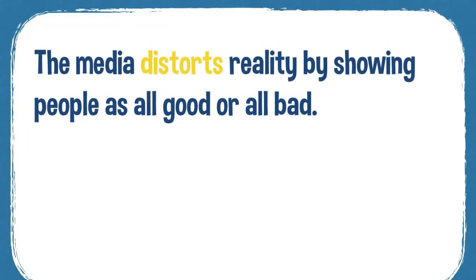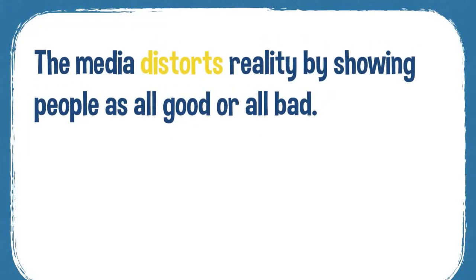And your next word, distort. If you distort an object, you pull it so that it's out of shape, but you can also distort facts and ideas. So if you distort facts or ideas, you report these facts and ideas in an untrue way. You distort the facts.